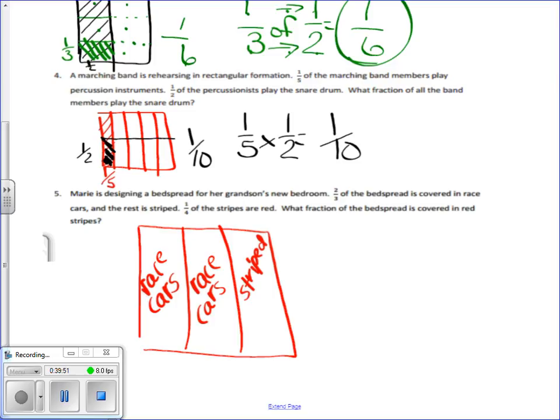So it's really 1/4 of this part there. 1/4 of the stripes. Oh, you have to really pay attention to the problem.